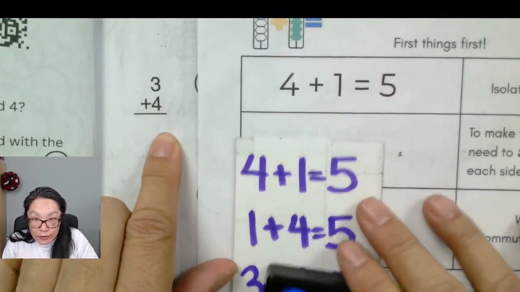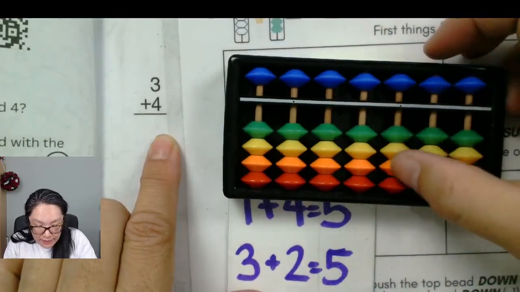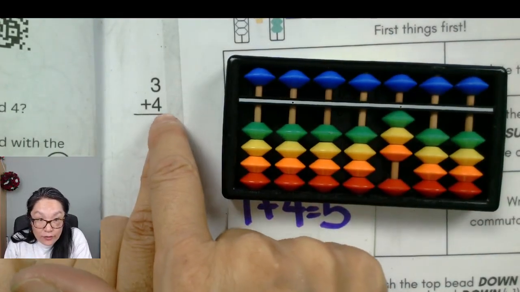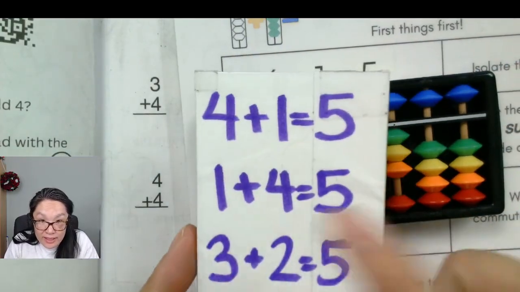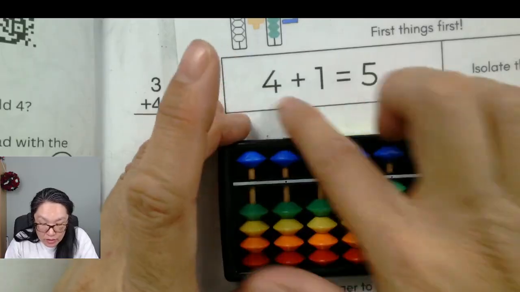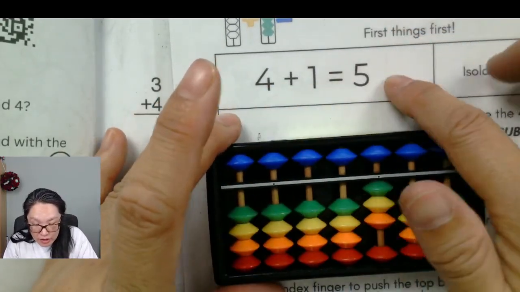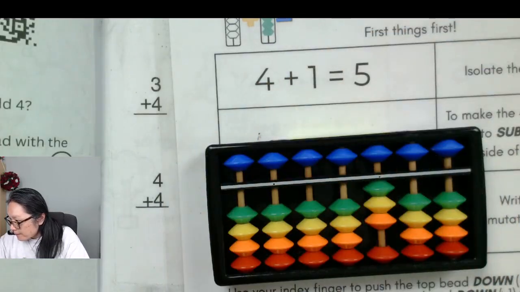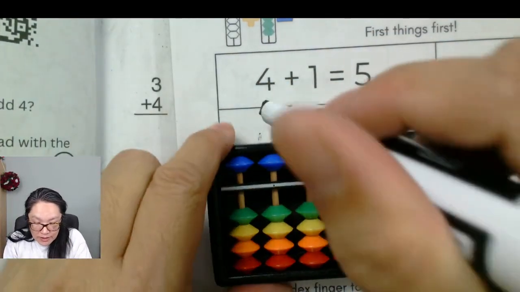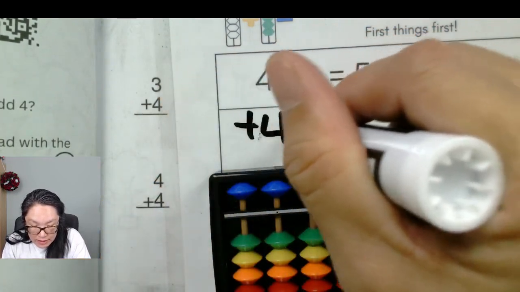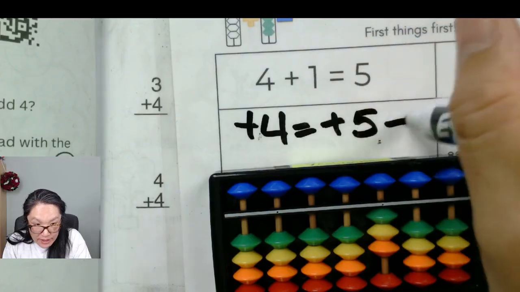I'm going to have 3. When I have 3 on my abacus, I'm going to do 4. When I add the 4, there's not enough beads to add the 4. Look, I only have 1 bead. So we're going to take this information and change it, right? To change it, we're going to do plus the 4. Plus 4 is equal to plus 5 minus 1.